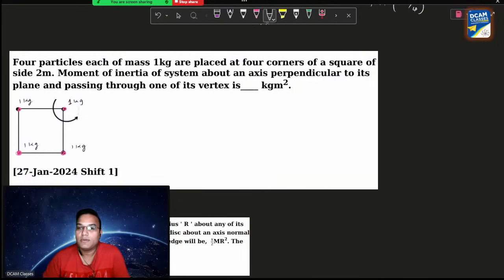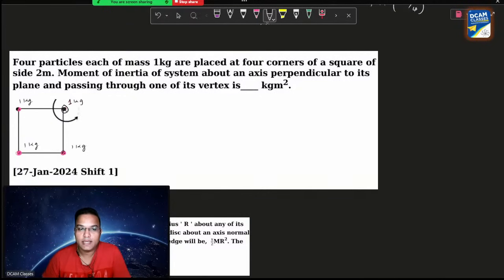Find the moment of inertia of the system about an axis perpendicular to its plane and passing through one of its corners. You can take any corner, but I am taking this one because they have shown the rotation also. Remember, here the axis is coming perpendicular to the plane, towards you like this.